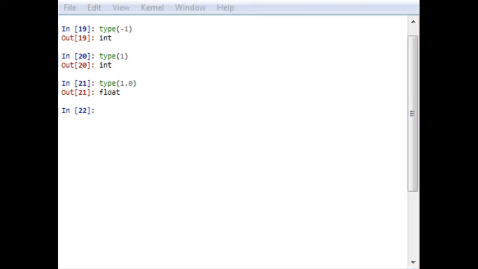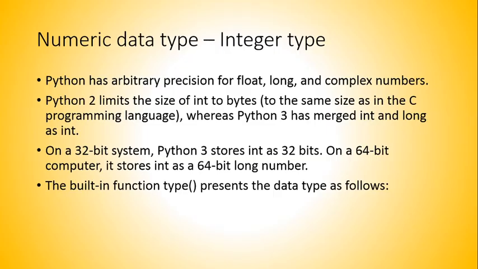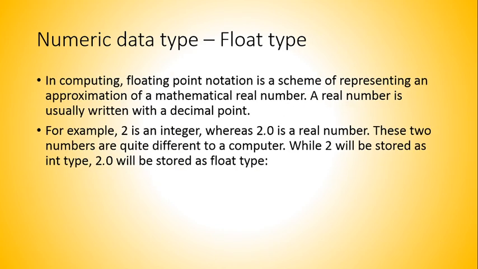Okay. The second data type, let me move to the slide again. The second data type is the float data type. In computing, floating point notation is a scheme of representing an approximation of mathematical real numbers.